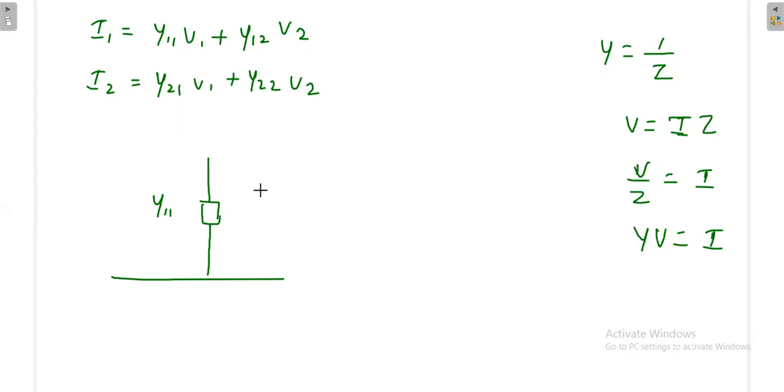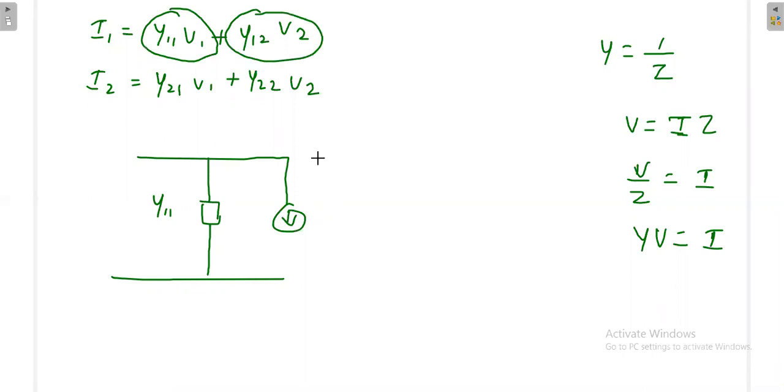That's why I can use a dependent current source. This entire quantity has to be current only, so that current is a dependent current. Again, it's flowing this way, but that value is Y12 V2.